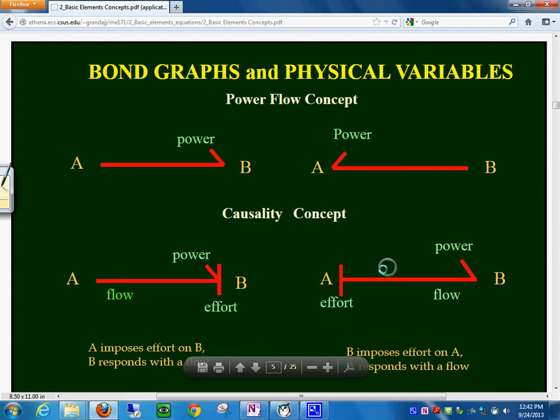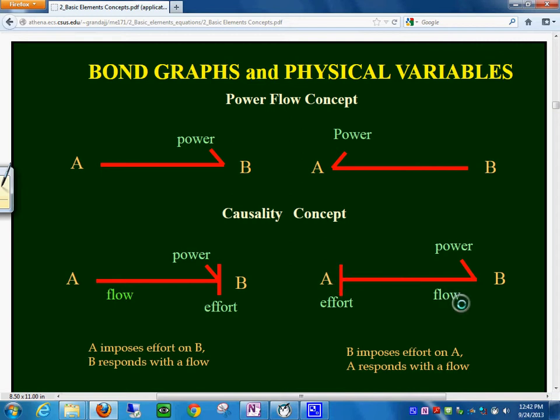If you look at this picture, it means that the effort goes from B to A, and the flow goes from A to B.